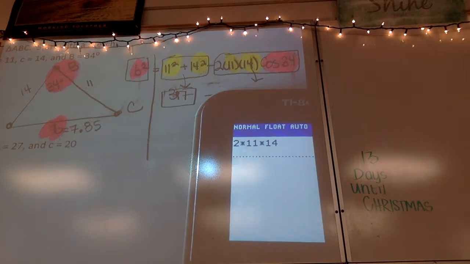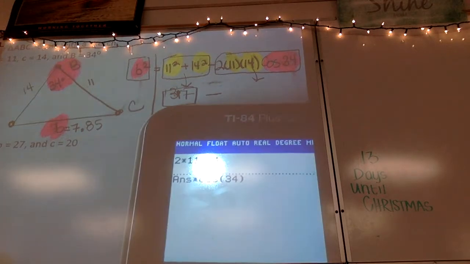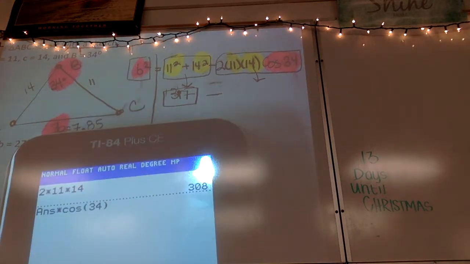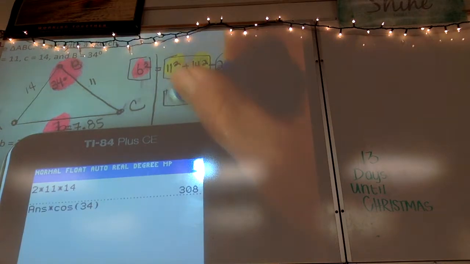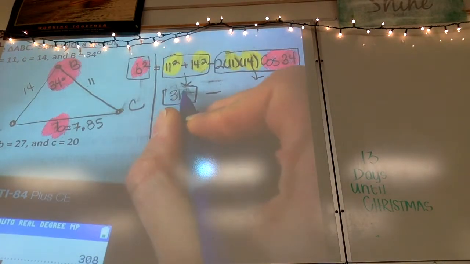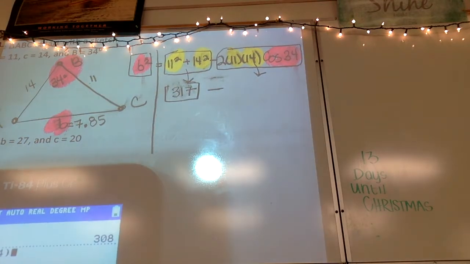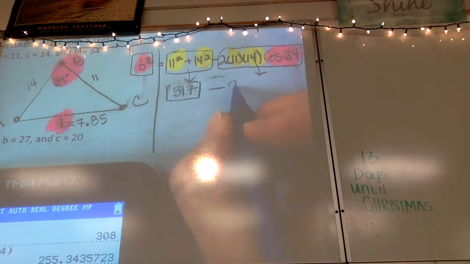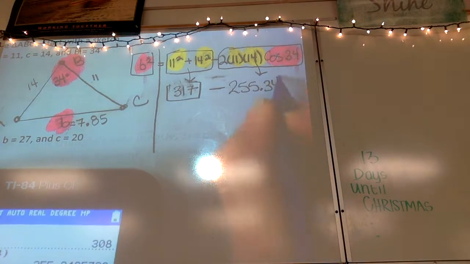And then multiply that by the cosine of 34. What is that number? Did you get 255? Yep. So 255.34.